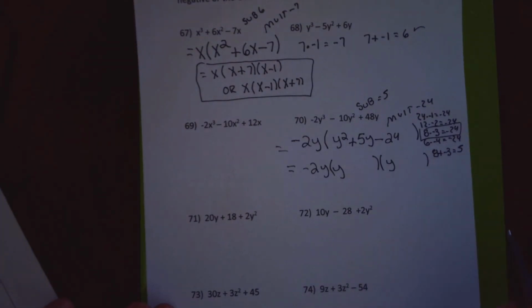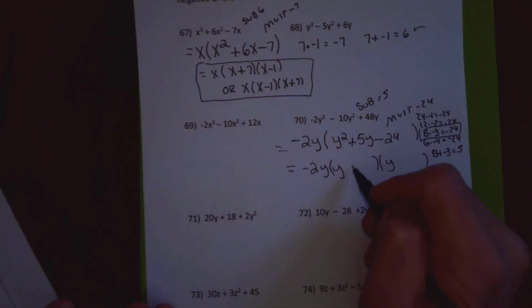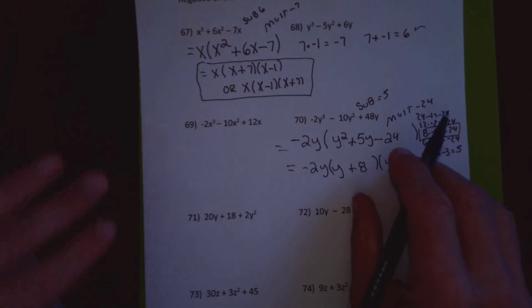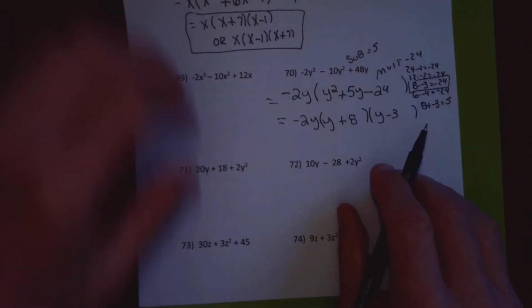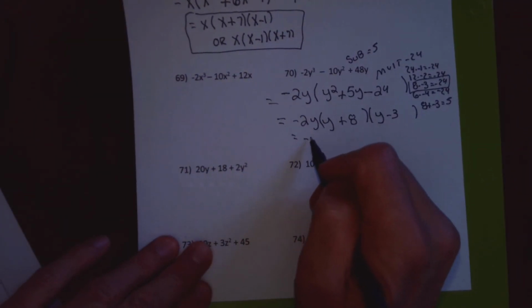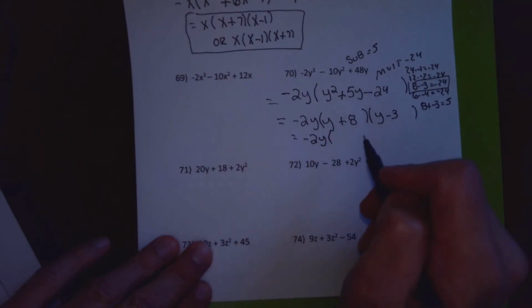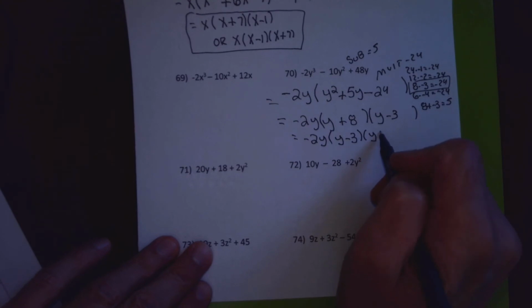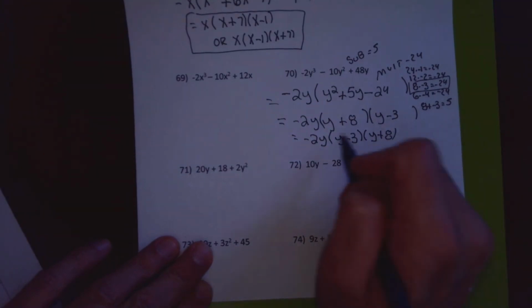That's 5. So the numbers in my parentheses are going to be a plus 8 and a minus 3. And again, I can flip-flop the order. I probably wouldn't flip-flop the common factor. But the y minus 3 and y plus 8 are interchangeable.